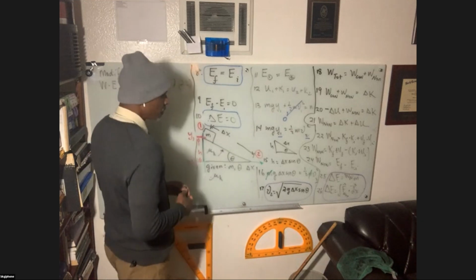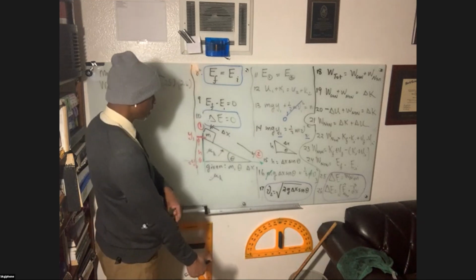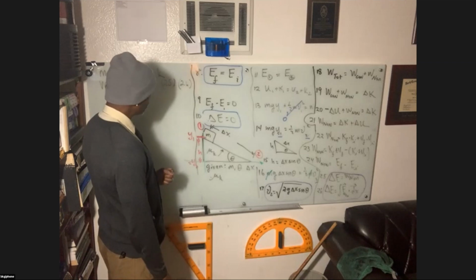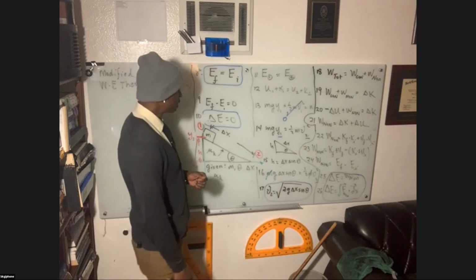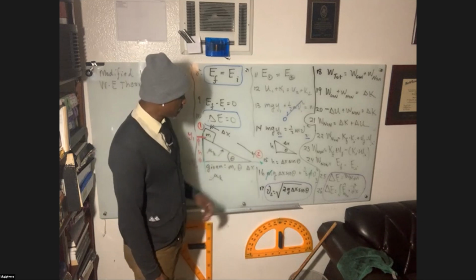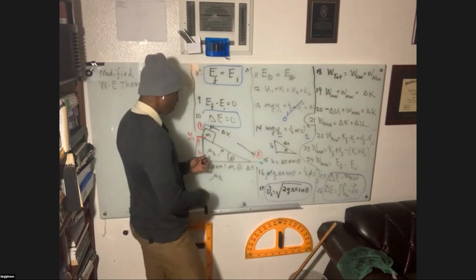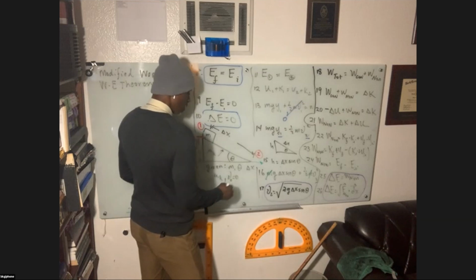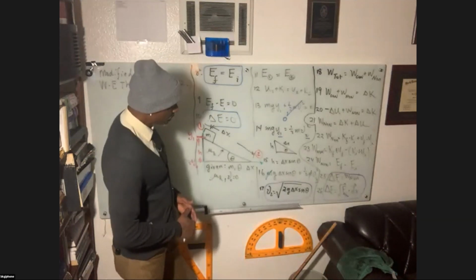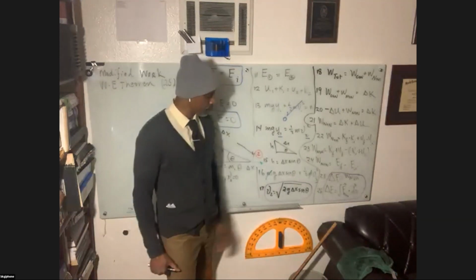So start with the modified work energy theorem and see if you can come up with the velocity when it gets down to the bottom. Again, remember initial velocity is not equal to 0. Then compare it to this equation right here analytically.